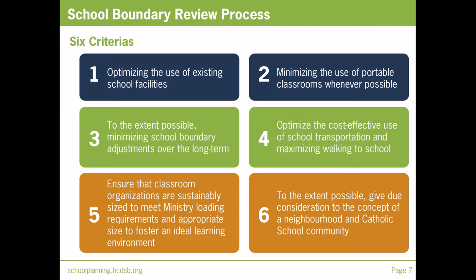Number 5, ensure that classroom organizations are sustainably sized to meet ministry loading requirements and appropriate size to foster an ideal learning environment. And number 6, give due consideration to the concept of a neighborhood and Catholic school community.